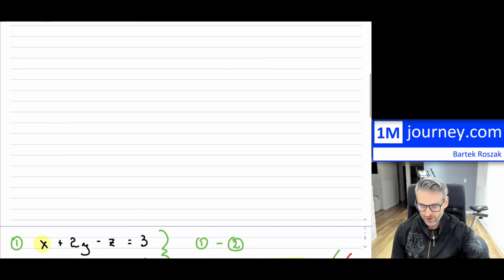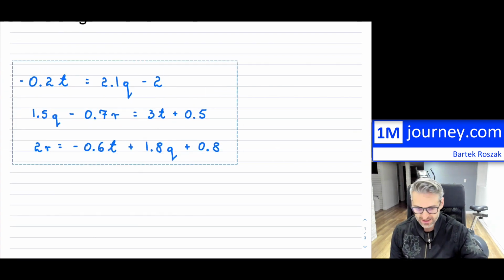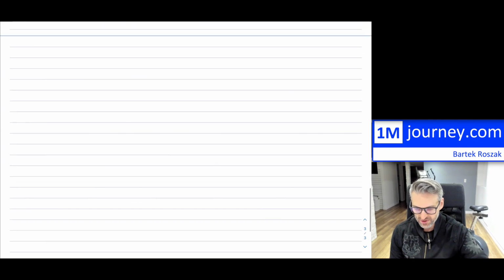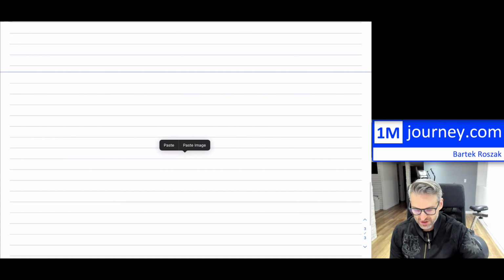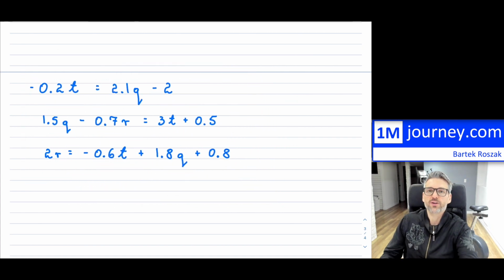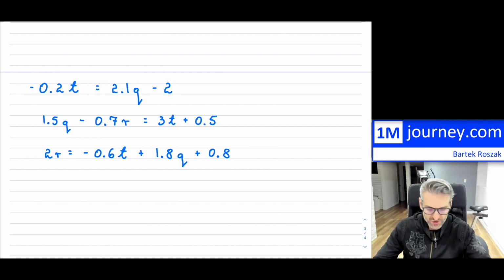All right, so now we have this ugly set. Not only do we have an ugly set, we are also not dealing with X, Y, and Z. Please don't let this trip you up. It is irrelevant what variables they use. Of course, X, Y, Z is so common that we know it's our three-dimensional coordinate system, and X, Y is our two-dimensional coordinate system.